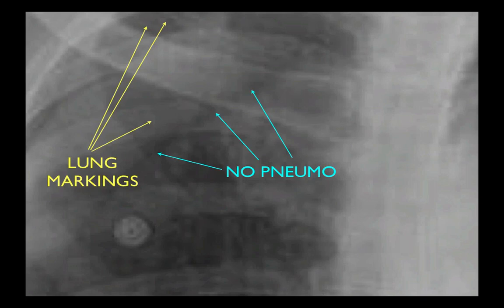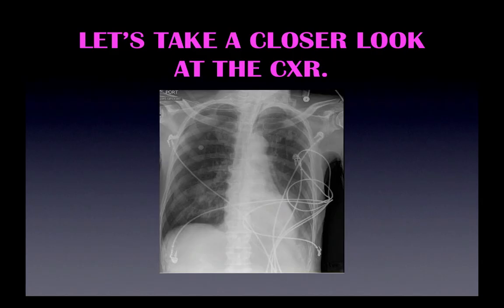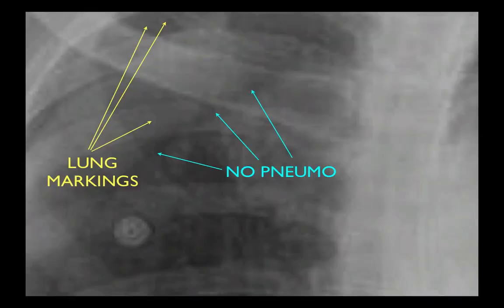And going out to the periphery, the yellow lines are revealing lung markings. Let's go back and look at the original X-ray. There clearly seems to be a line in the right, but this is with magnification.